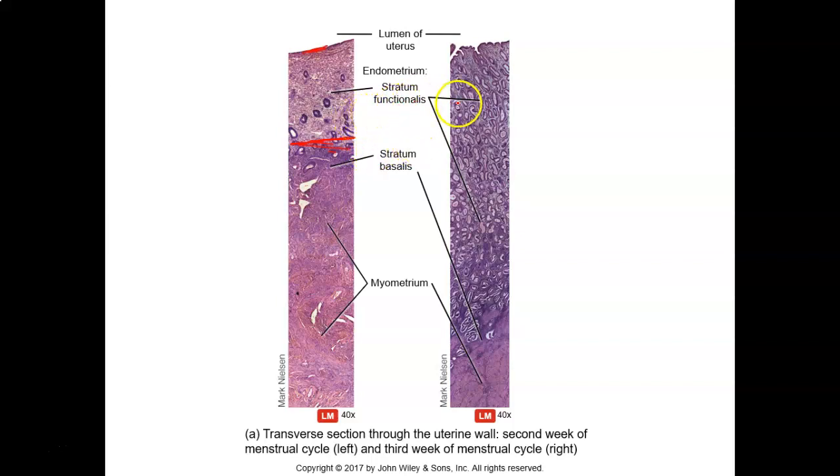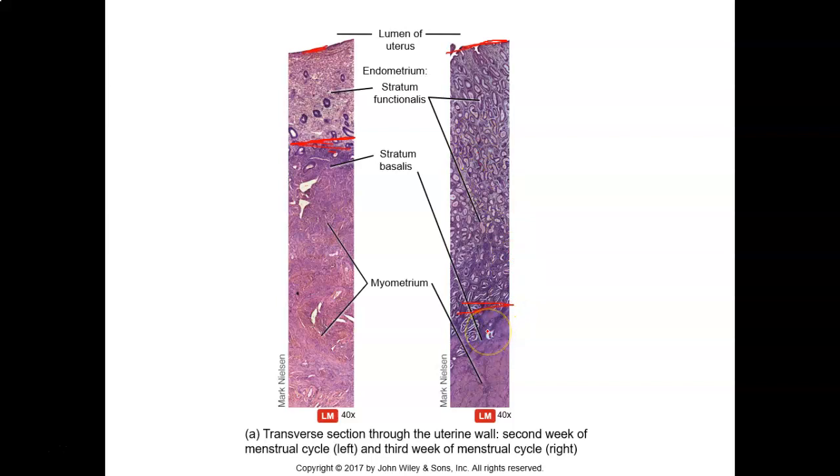When we look over here, now we can see the stratum functionalis has, I don't even know, tripled in size. It's the stratum functionalis which is going to thicken as the uterine cycle continues. This is the layer which Junior would implant into, not the stratum basalis.